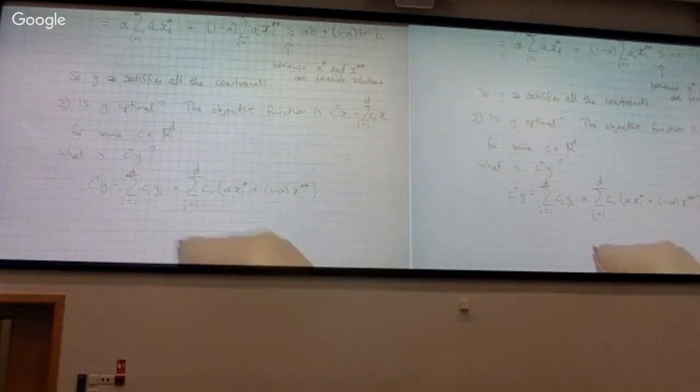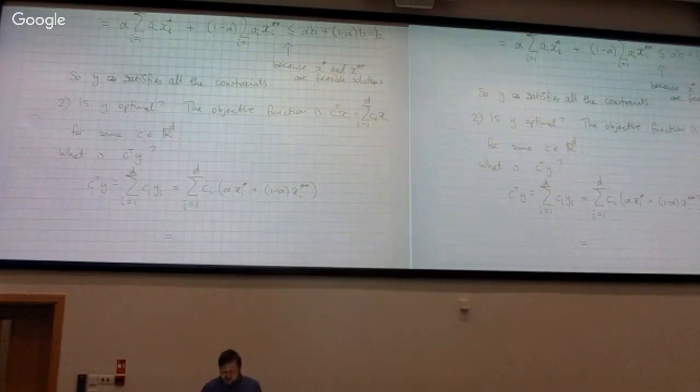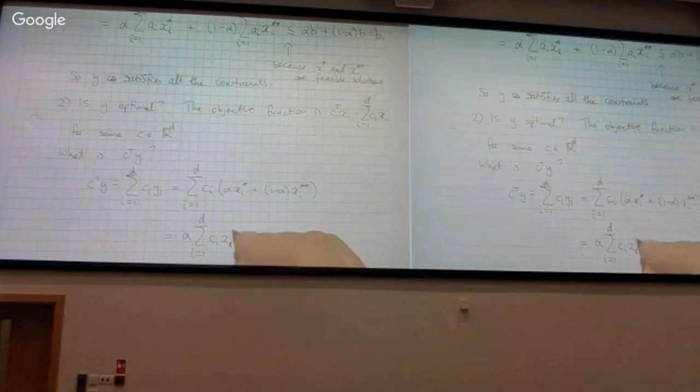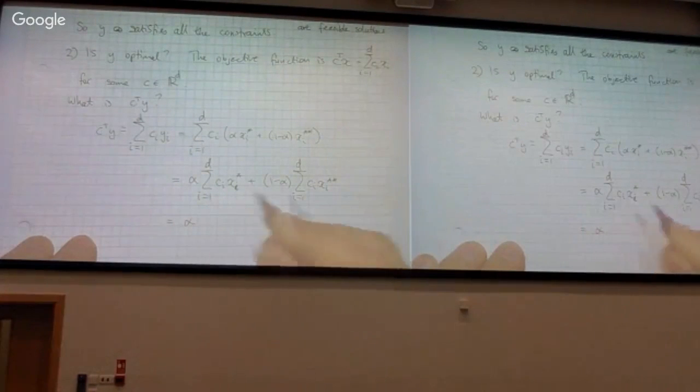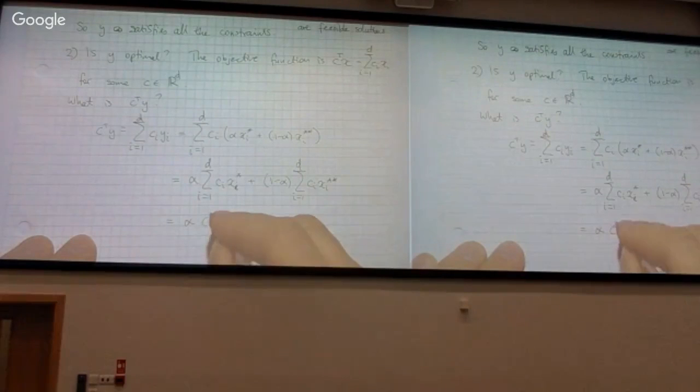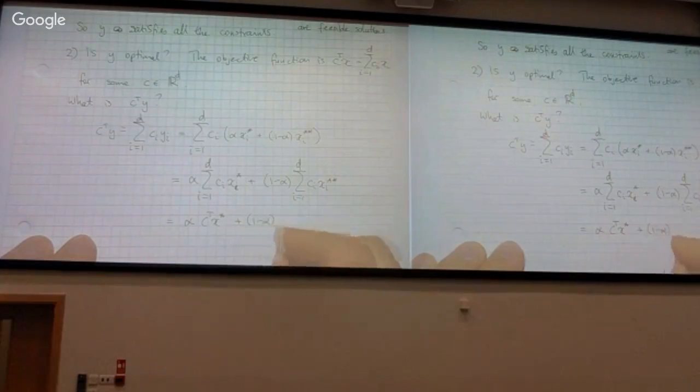So again, if we reshuffle the sums, what you get is that this is alpha times, in the same way as before, C x star, plus 1 minus alpha times C x double star.